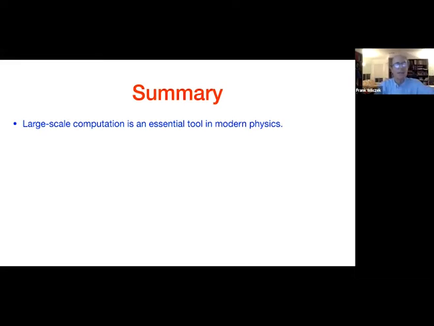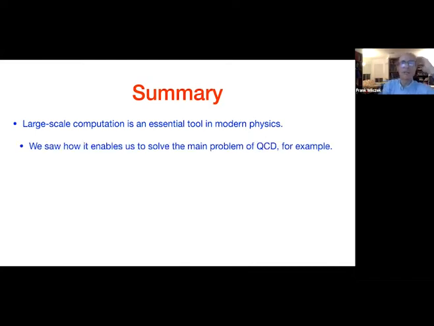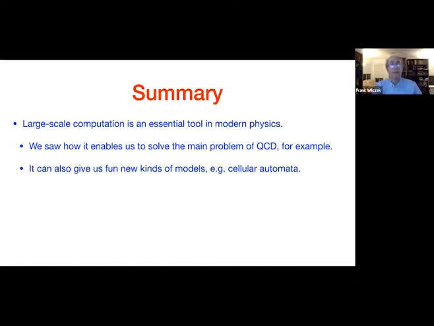One is that large-scale computation has become an essential tool in modern physics. We saw how it enables us to solve the main problem of QCD, for example, the mismatch between the elements, the building blocks of the theory, and what you observe in the world. And it also gives us fun new kinds of models, for instance, cellular automata, that can give us new ways of thinking about complex systems.